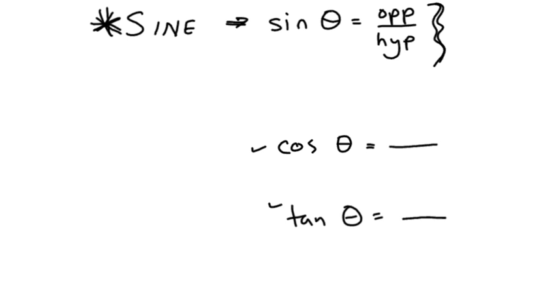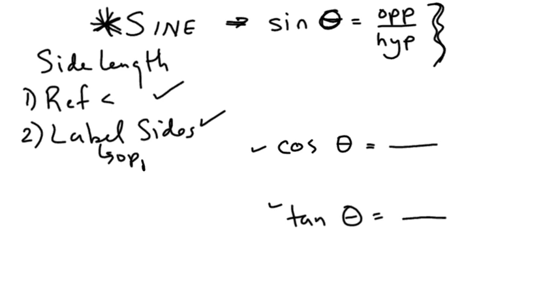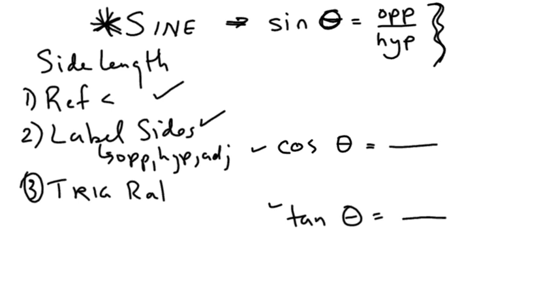So when we used the sine ratio last day, it was to find side lengths. And if you recall, to find side lengths, first step, identify a reference angle. We have to know which angle we're using so we can label the sides appropriately, because once we label the sides with opposite, hypotenuse, and adjacent, then we can set up the appropriate trig ratio, which right now is our sine ratio.